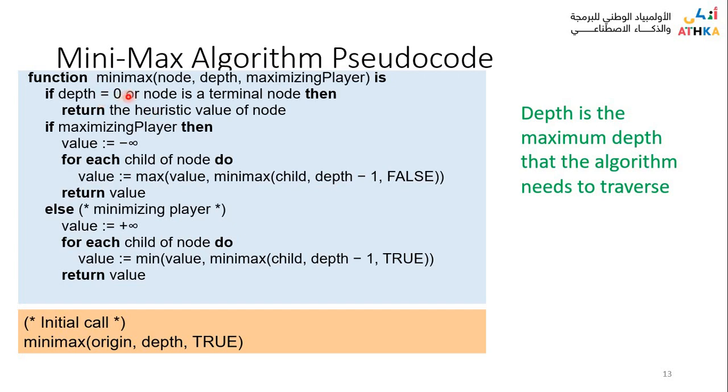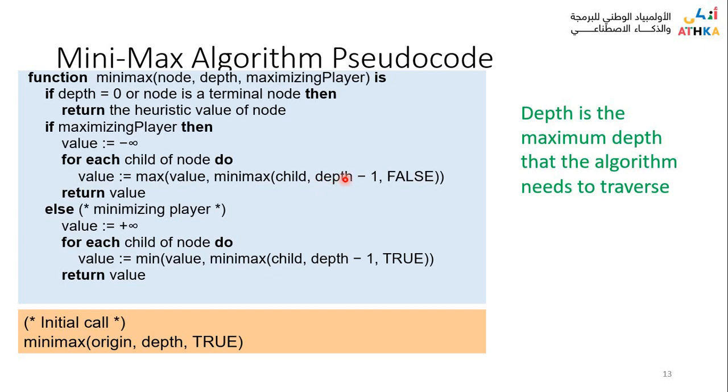basically you want the computer to take more steps down, look ahead. Look at the steps that the adversary will do in the future, and you put a number for it, and you are the maximizing player. So what we do is we set the value to the least possible, which is minus infinity, in this case. And then for each child node, we get the maximum value for the minimax for the child for the depth -1.